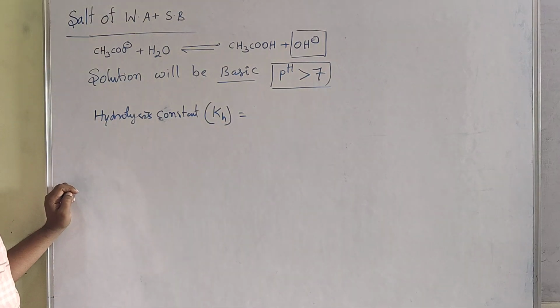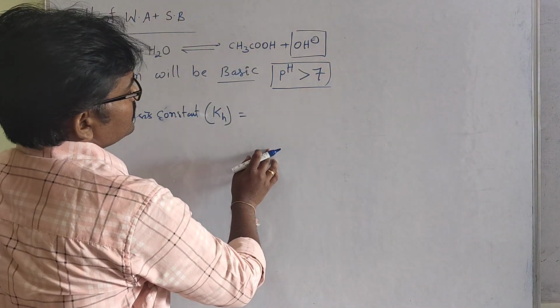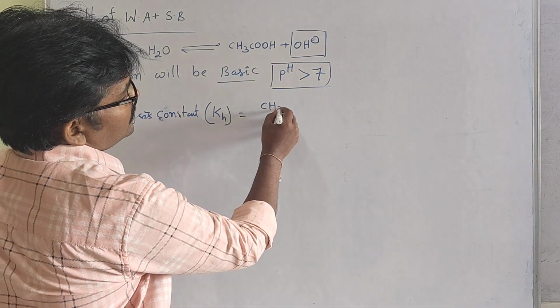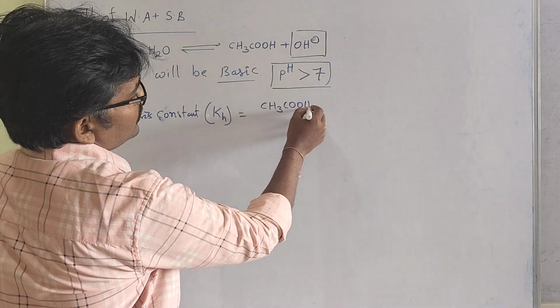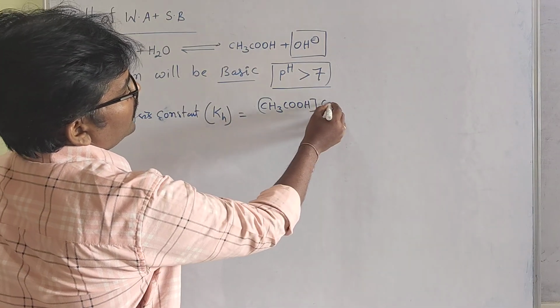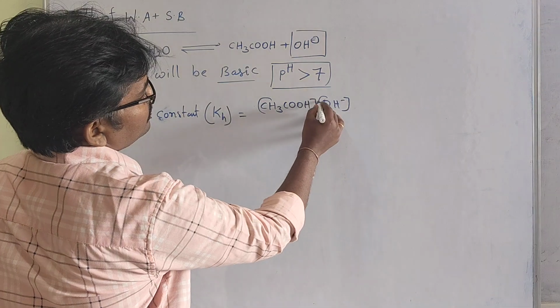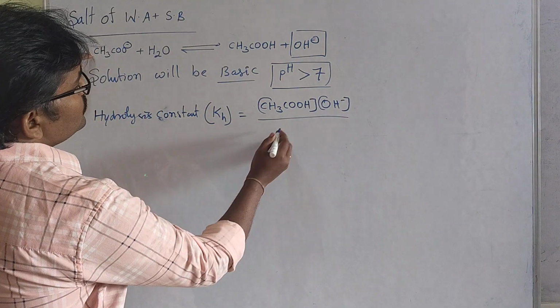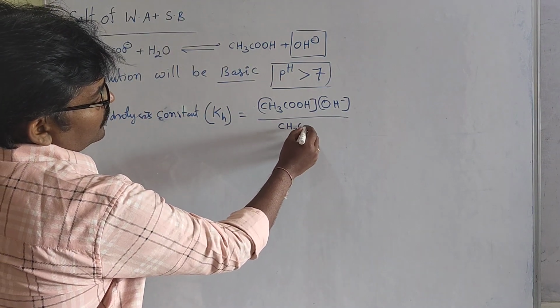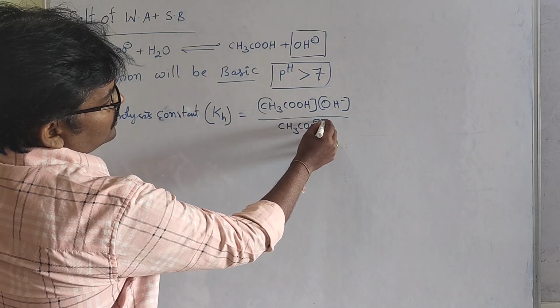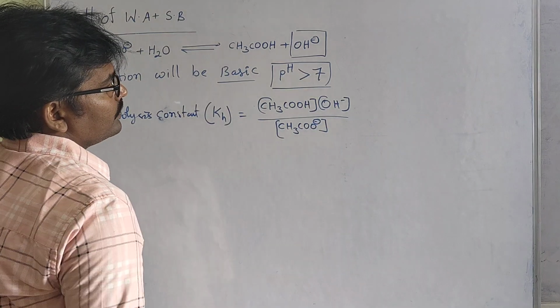For this equation you can write KH equals CH3COOH concentration times OH minus ion concentration, divided by CH3COO minus ion concentration. This is KH.